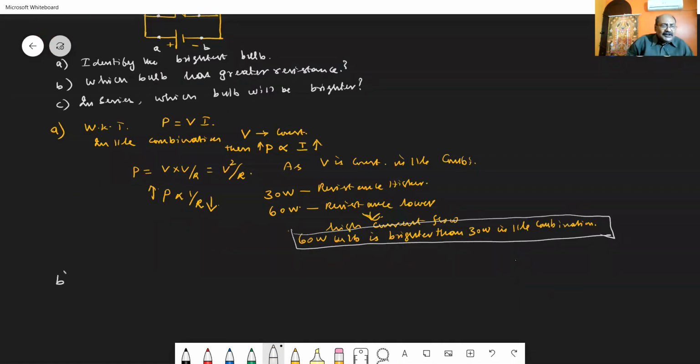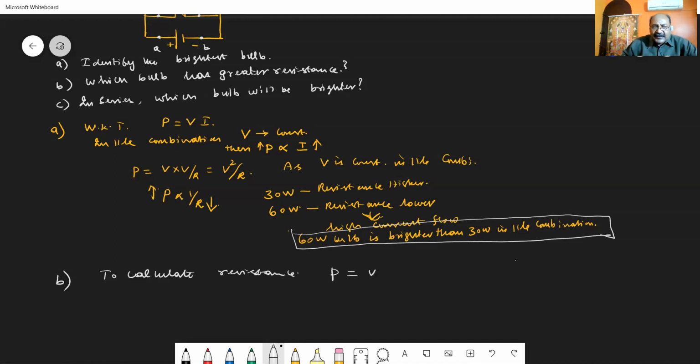Okay, let us move on to the second one, B. Which bulb is having the greater resistance? See, to calculate the resistance, let us consider like this.